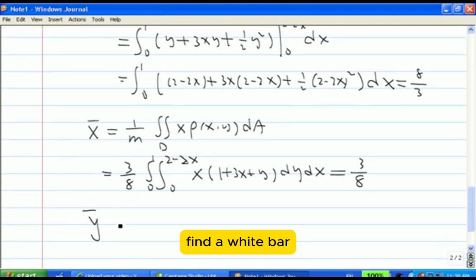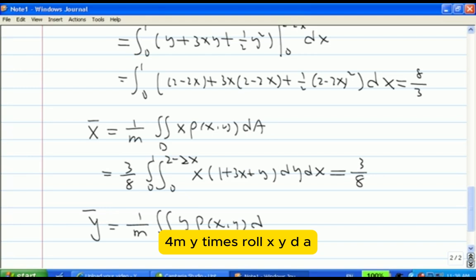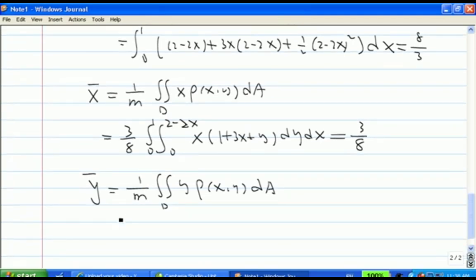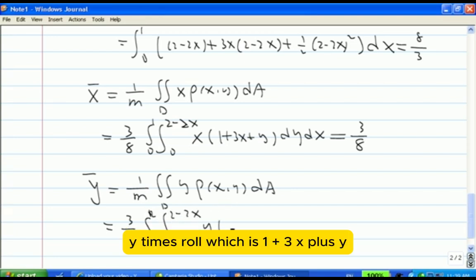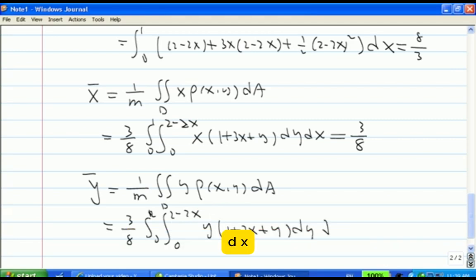Now find y bar with the formula: y times rho of x y dA. Since we integrate over the same region, it's 3 over 8 times the integral from 0 to 1, from 0 to 2 minus 2x, of y times 1 plus 3x plus y, dy dx.